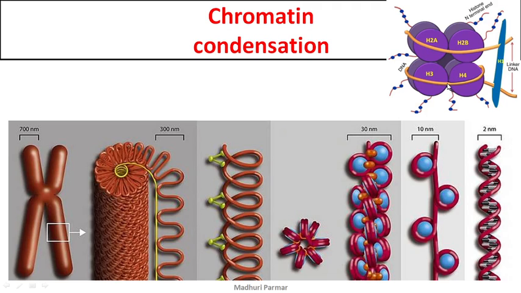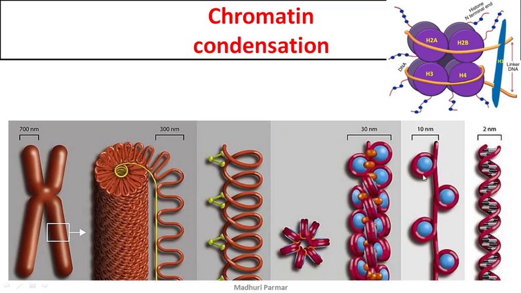There is also one more histone protein called H1. This H1 histone protein is found single, not in any dimer form, and it is not attached to this complex. It is found in the linker DNA. Look at the bottom diagram. The blue colored ones are your histone complexes, the octamers, and the red colored one is your DNA.